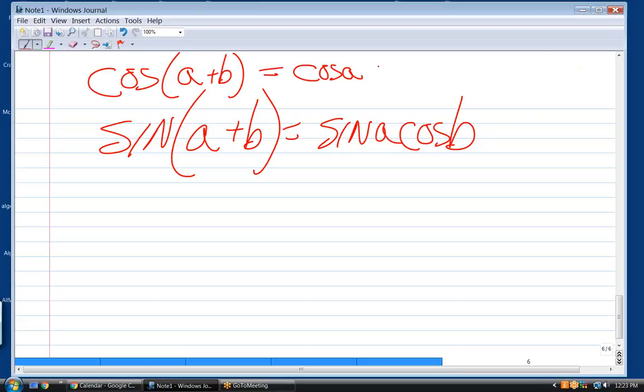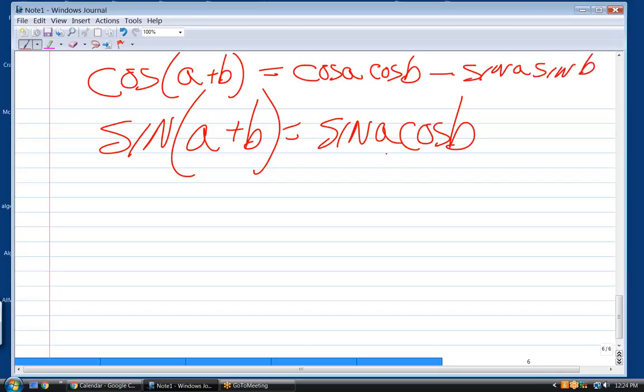Cosine A, cosine B. What's the sign in the middle? Sine A, sine B. Well, first of all, what's the plus or minus sign is what I should have said. Oh, it's different. Opposite, okay. And now it's sine A, sine B.